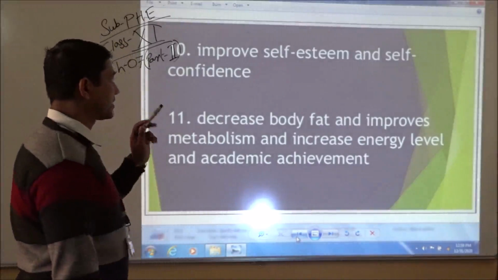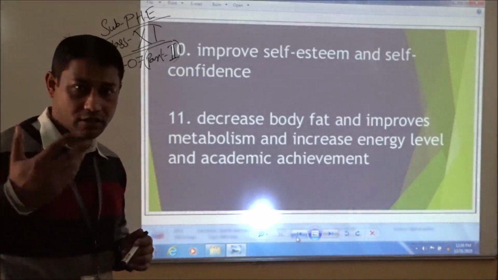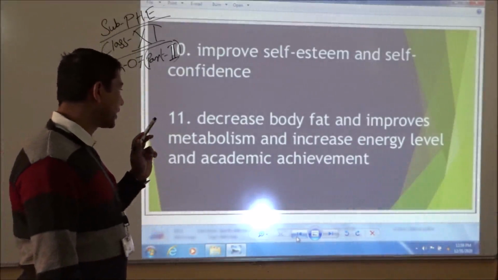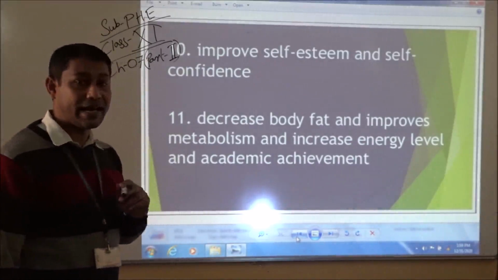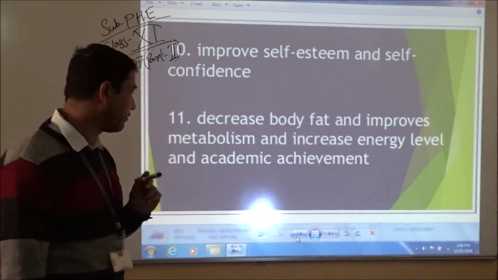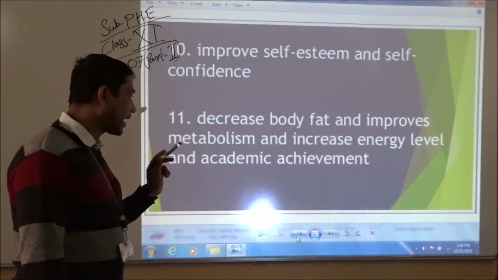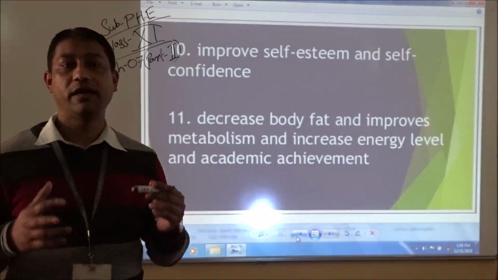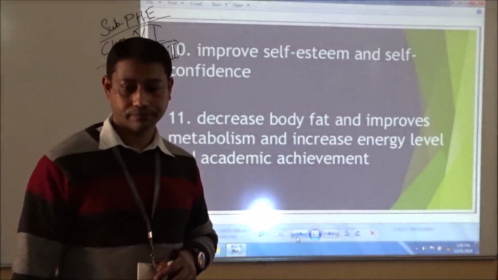It improves self-esteem and self-confidence of the individual. It decreases body fat, improves metabolism, and increases energy level and academic achievement of individuals.